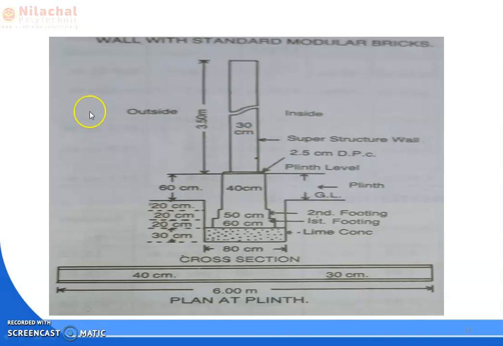So here the bottom part of the foundation is lime concrete. So first of all we consider the excavation part. In the case of excavation, we consider the bottom of the structure. It means the bottom lime concrete's length and lime concrete breadth also. Okay. And in the case of height of excavation, we consider from the bottom of the foundation to the ground level.